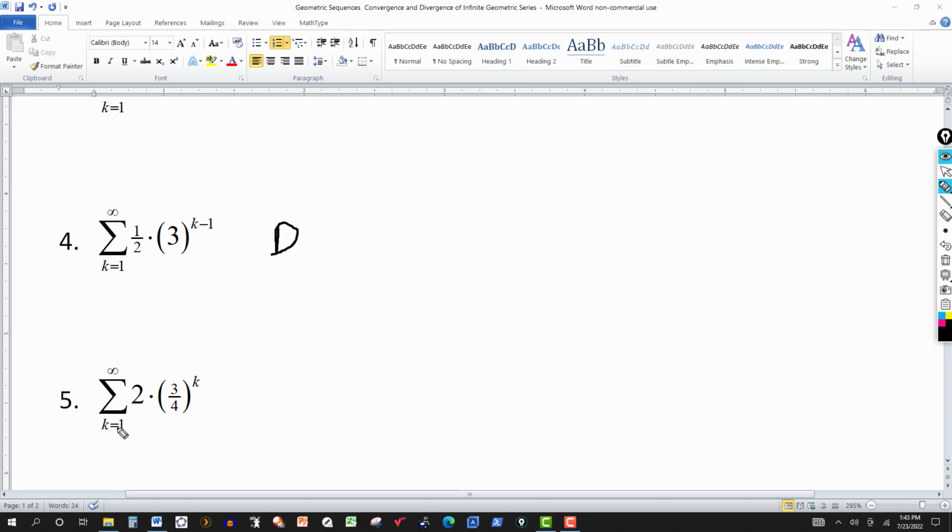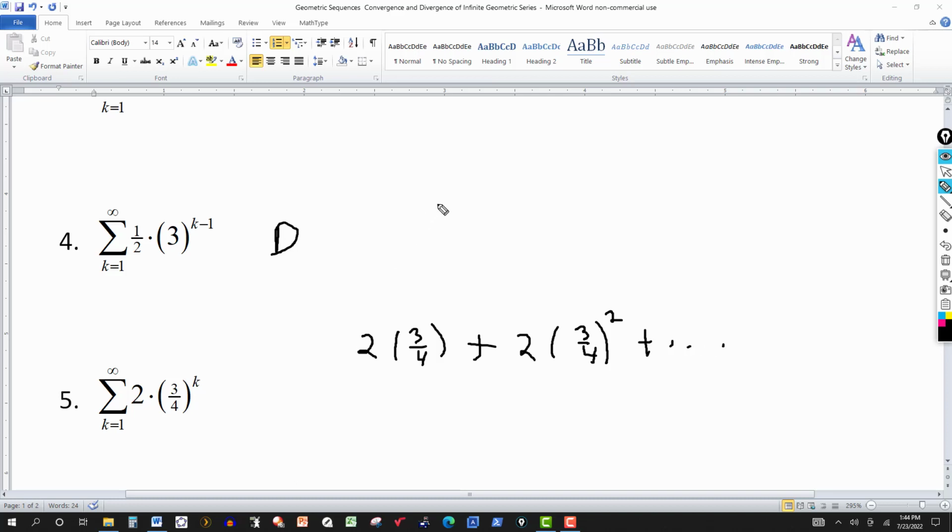This one goes from k equal 1 to infinity, and it's 2 times 3/4 to the k power. So let's pick k to be 1 in this case. So this will be 2, k is 1, so this is multiplied by 3/4. That's the first term. And if I put k to be 2, the next one would be 2 times 3/4 to the second, and so on.